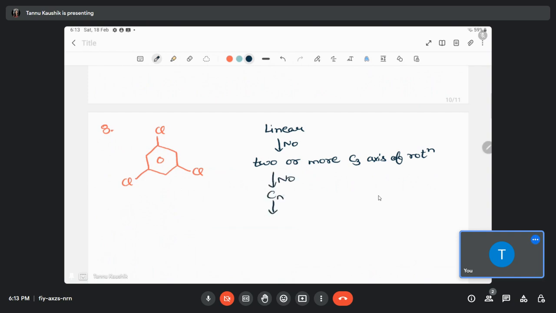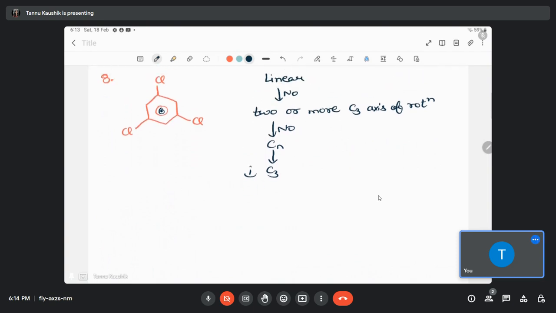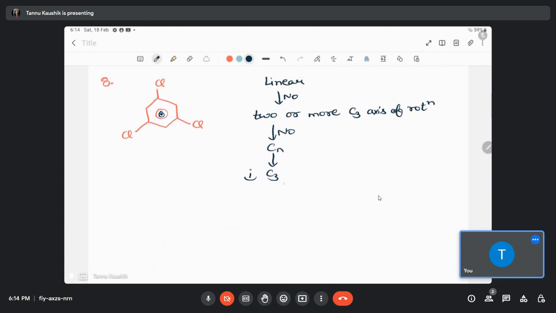So we have a C3 axis of rotation, which is present at the center of the molecule. Right. So it is present at the center of this molecule and is coming out perpendicular to the plane of the board. So C3 axis of rotation. Do we have three C2 axes of rotation perpendicular to it?